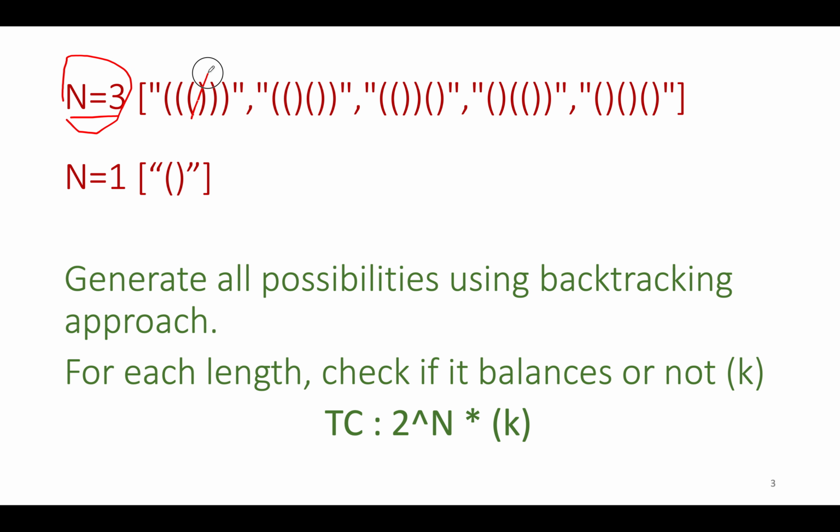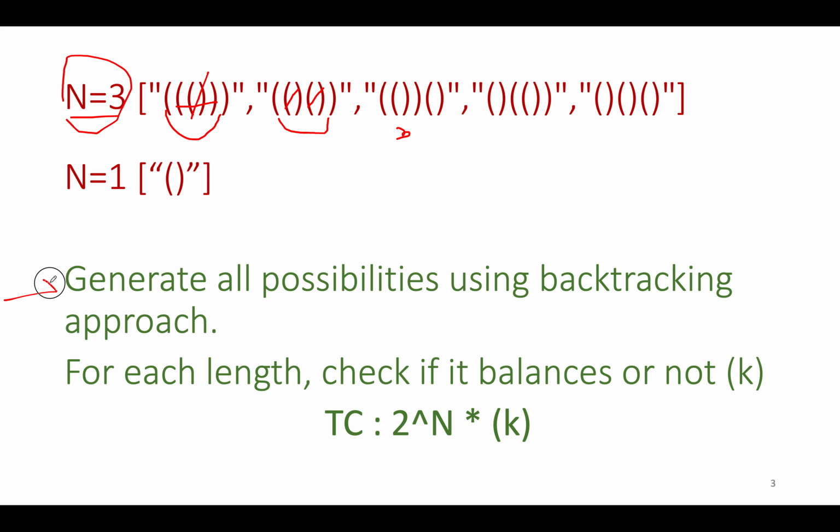So here this is the first one, this becomes the second one, and this becomes the third one. Here this becomes the first one, this becomes the second one, and this becomes the third one. So if you see all these strings, you'll find 3 pairs of balanced parentheses in each answer string.